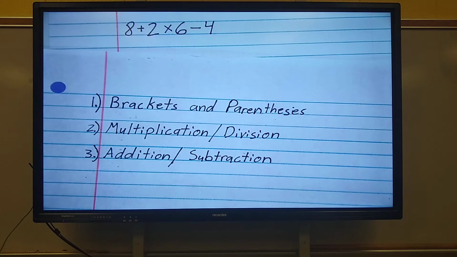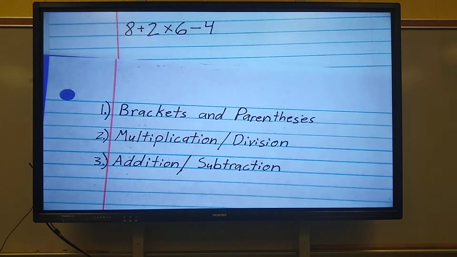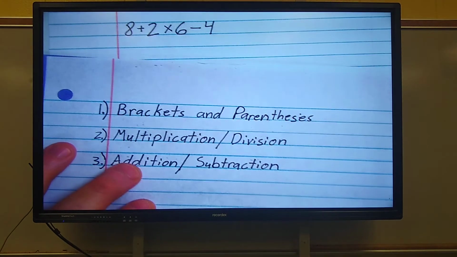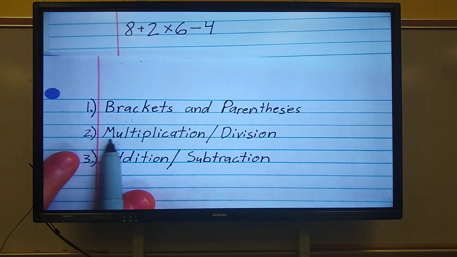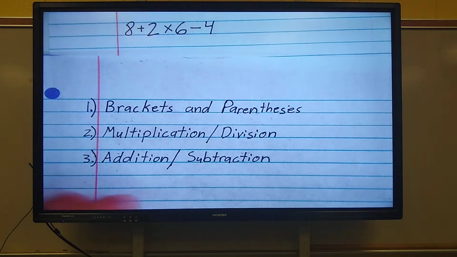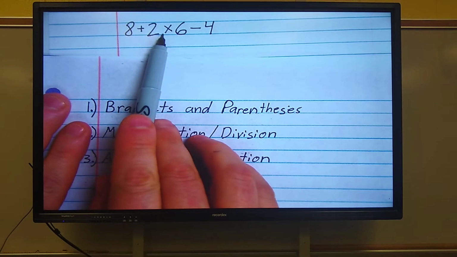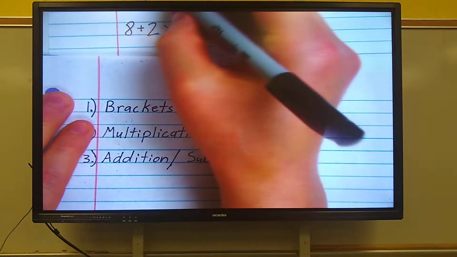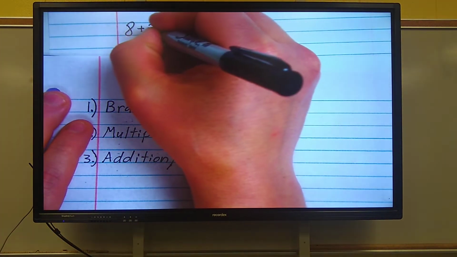All right, let's see how good you did. No brackets or parentheses, so multiplication and division must be done first in this problem. I only have one multiplication problem here, 2 times 6. So that is what you should have done first.